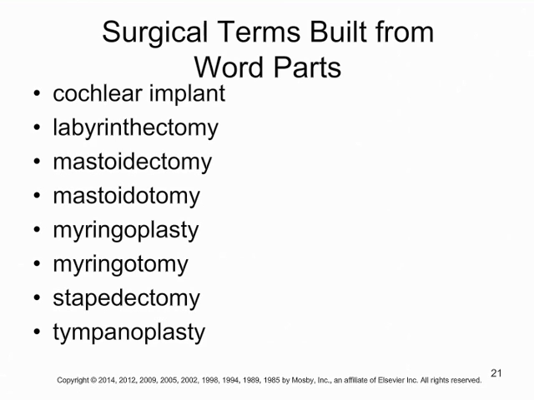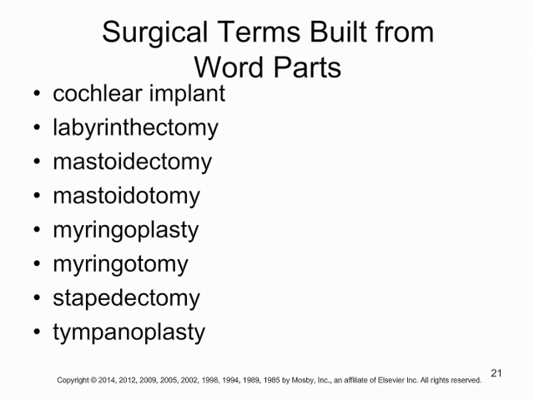It bypasses the damaged part of the ear. Usually a cochlear implant is used when the hair cells in the cochlea are damaged or not working. It bypasses that inability of the inner ear to take sound waves and convert them.